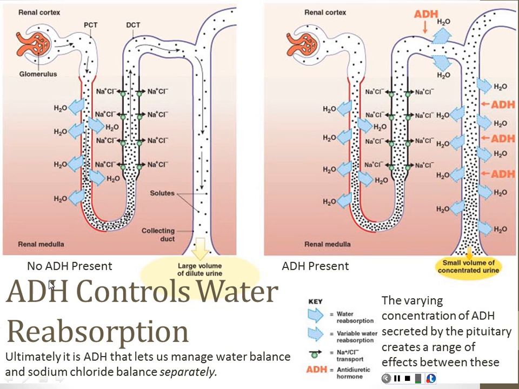But if you don't have any ADH, what are you going to do? Well, you're going to have a large amount of dilute urine, regardless of your hydration status, right? So if you don't make ADH, this is what you're going to look like all the time. What you see in diabetes insipidus is patients have a very high urine volume, even though they don't drink very much, which means they often run into dehydration.